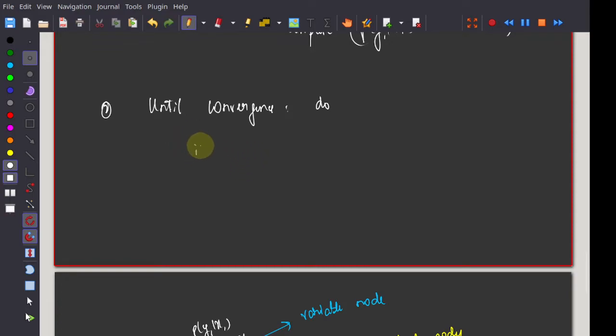First, you have messages from variable nodes, maybe I should do the check node first.